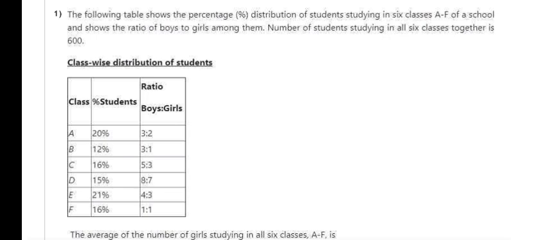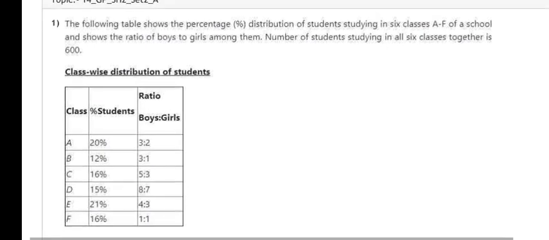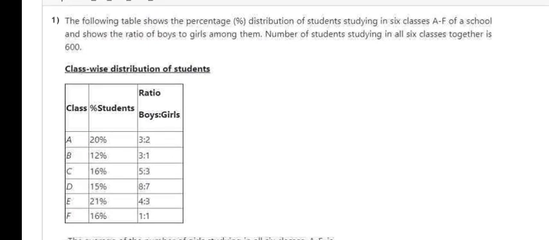The first question that we have got is related to data interpretation. It says the following table shows the percentage distribution of students studying in 6 classes, A to F, of a school and shows the ratio of boys to girls among them. The number of students studying in all 6 classes together is 600.